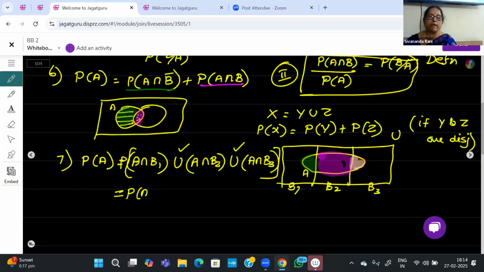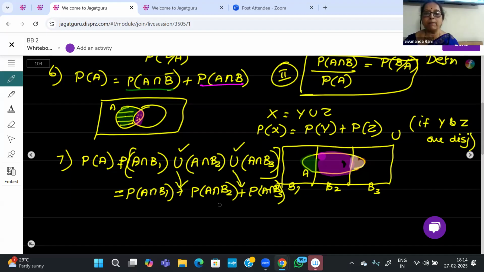So it will be P of A intersection B1 plus P of A intersection B2 plus P of A intersection B3. Okay. Why did union become plus? Because all these shaded sets, green set, pink set, and yellow set, are all disjoint. And therefore union became plus.